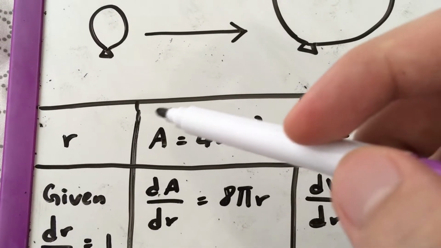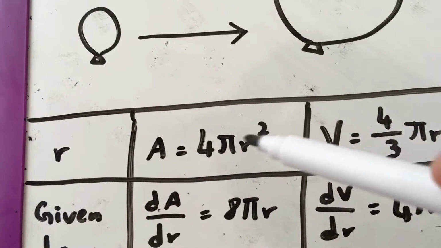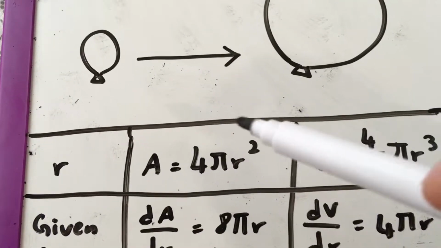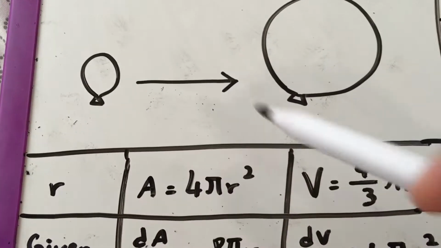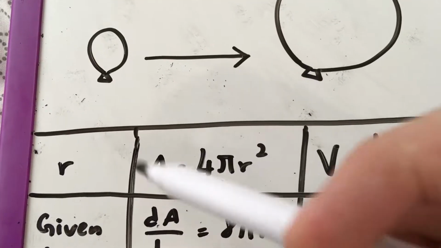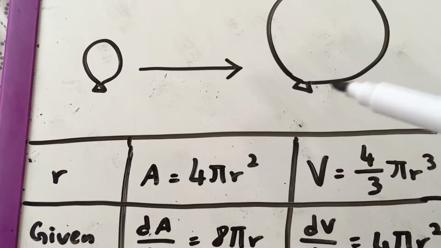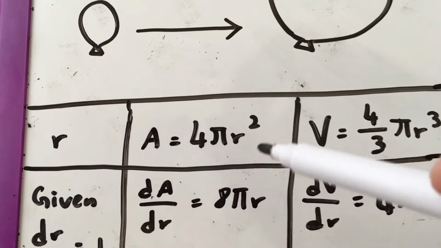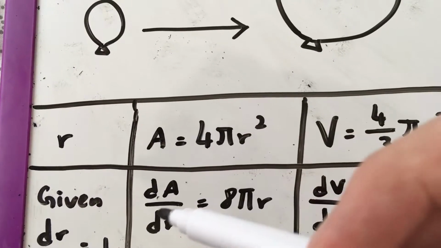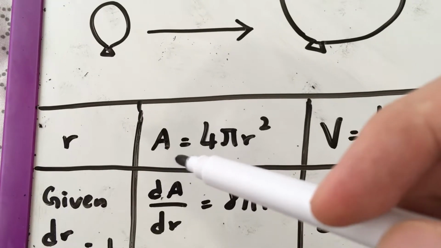Now let's see what happens if I want to try to find the rate of change of the area. So you know that the surface area is actually related to the radius by this formula, right? So step 1 is always understanding what formula to use given a situation. So usually if it's a sphere, then it's the formula for the surface area of a sphere. If it was a cube, then it's the surface area of a cube, vice versa, right? So you have this, and you know that dA/dr, so as r changes, A will change, right?